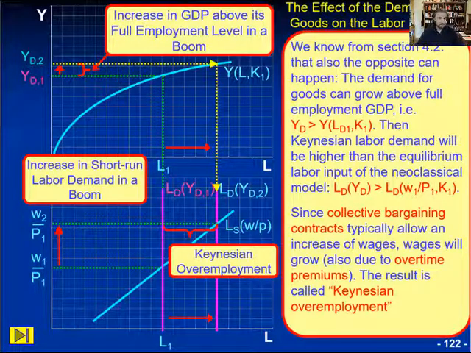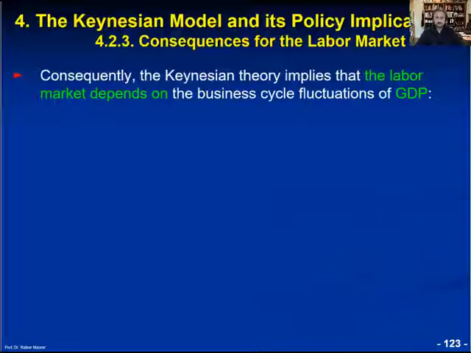So it's important to remember that the Keynesian model explains not only Keynesian unemployment, but also Keynesian overemployment. Consequently, the Keynesian theory implies that the labor market depends on the business cycle fluctuations of GDP.